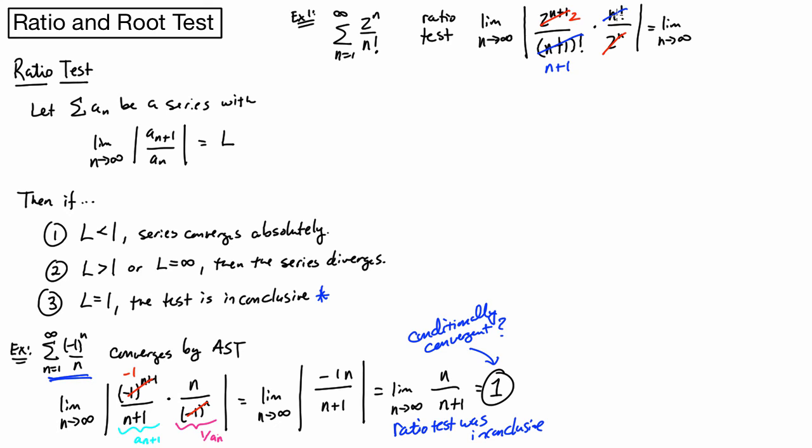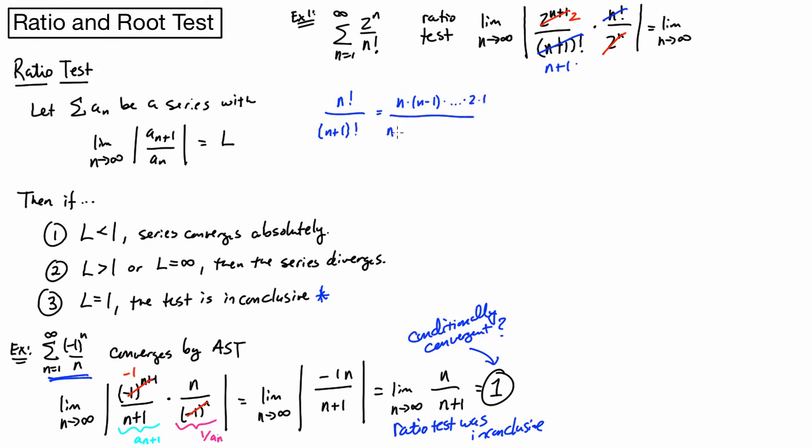Remember, n factorial is n all the way down to 1. N plus 1 factorial is n plus 1 all the way down to 1. The very first term of n plus 1 factorial is n plus 1. The next term is n, and then all the way down. So this is the correct cancellation here, just to demonstrate that to you, since this occurs so often when you do the ratio test. This is n times n minus 1 times all the way down to 1.